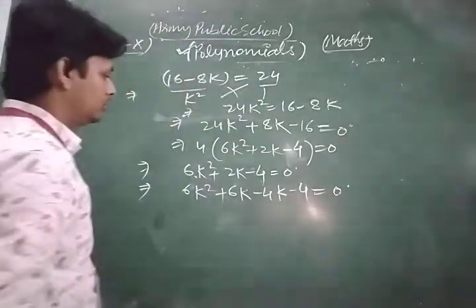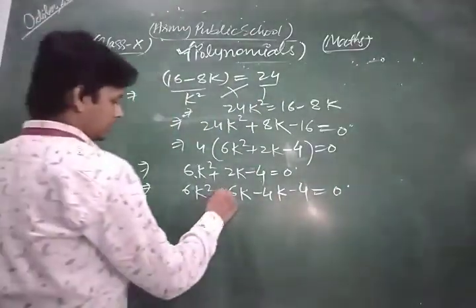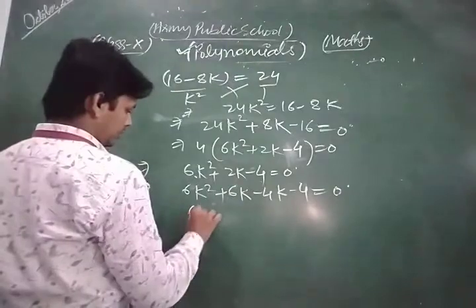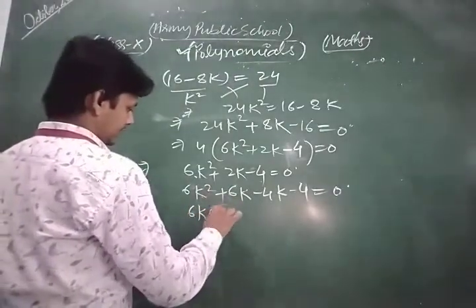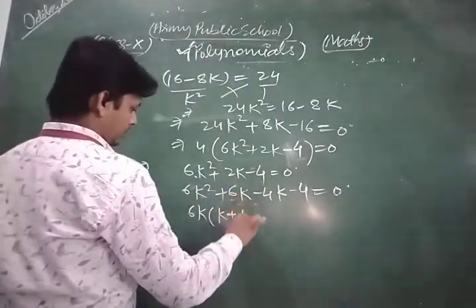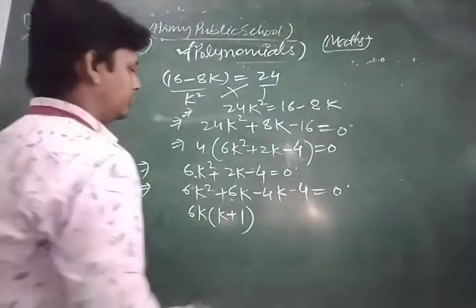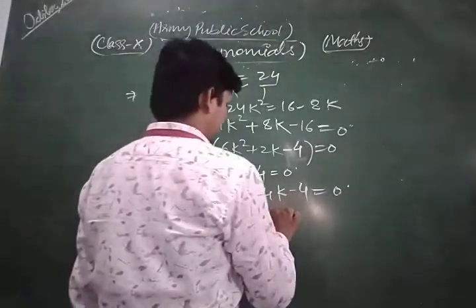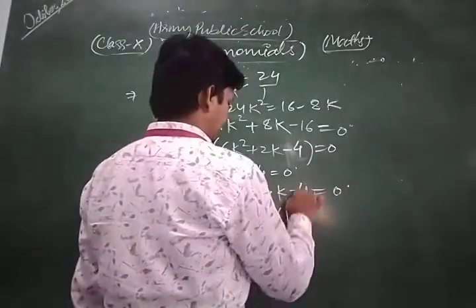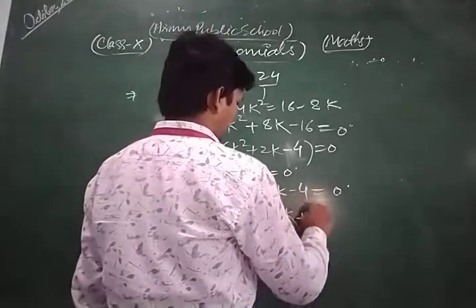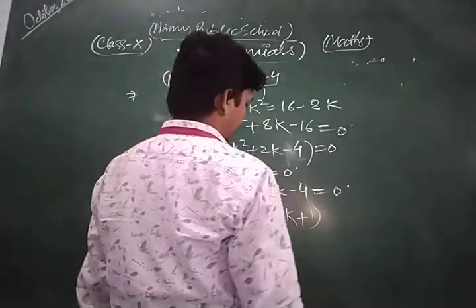equal to 0. Now from these two terms we take 6k as common, so k plus 1 is left here, and from these two terms we take minus 4 as common, so we get k plus 1 here.